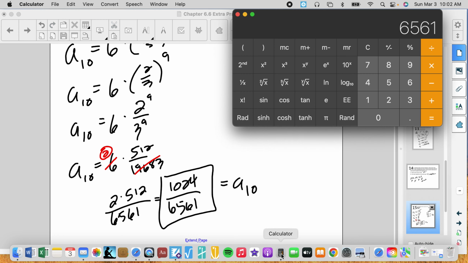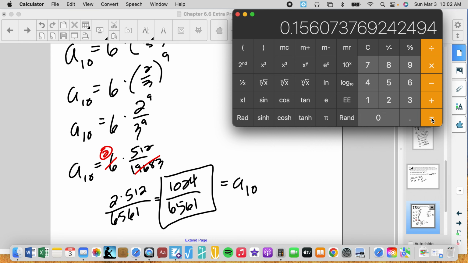Now, if I did that as a decimal, let's do this. Watch this. 1024 divided by 6561 gives us a crazy decimal. Yep, we knew that was going to be 0.1560737692424494. Is that irrational, or does it repeat?